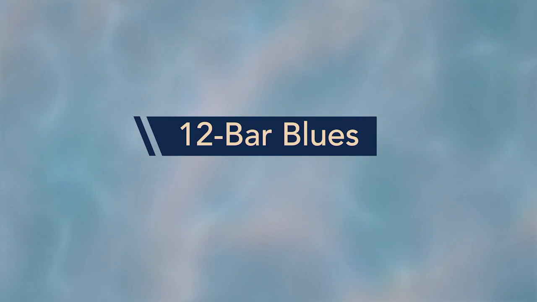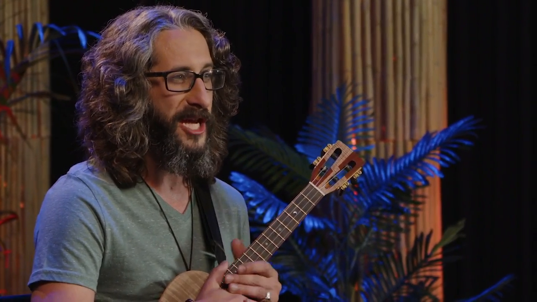The 12-bar blues chord progression. Let's start with a little bit of music theory, not too much. The 12-bar blues progression is 12 measures long and uses 3 different chords.